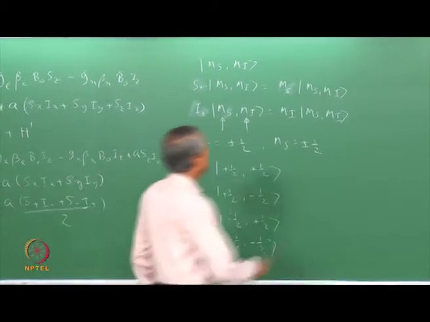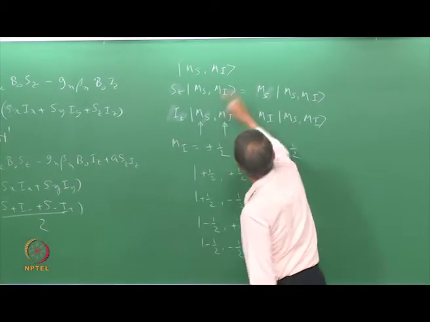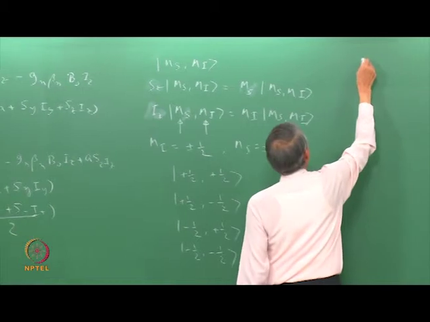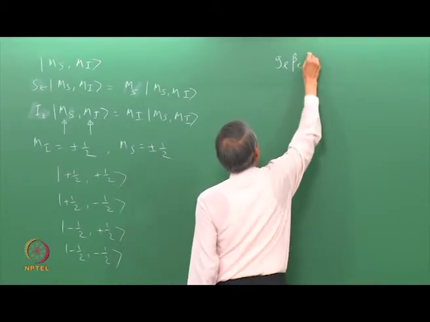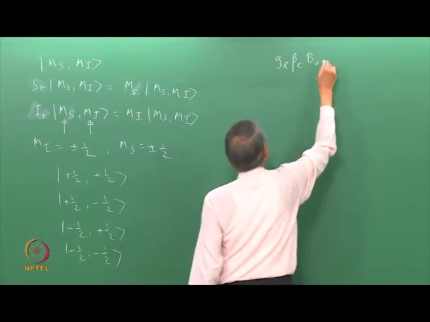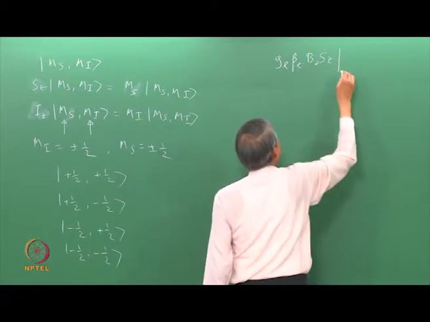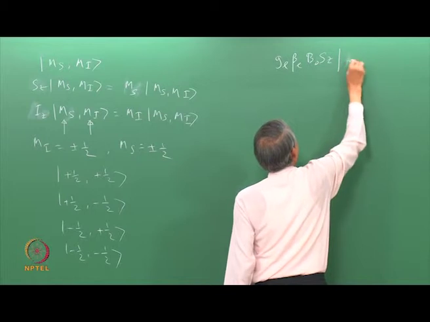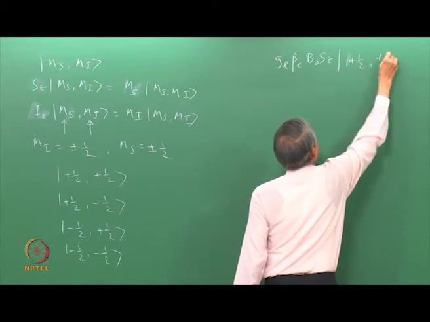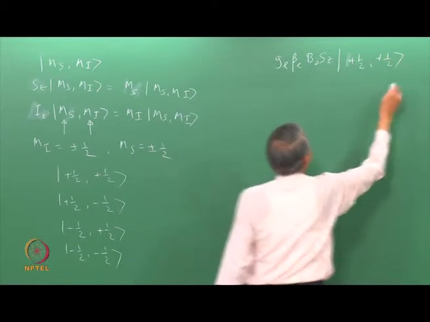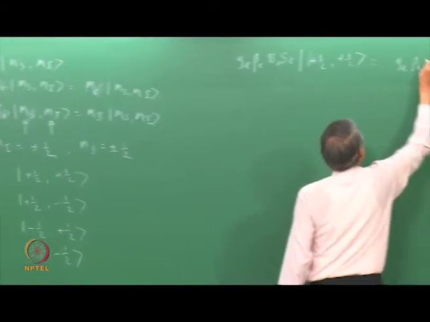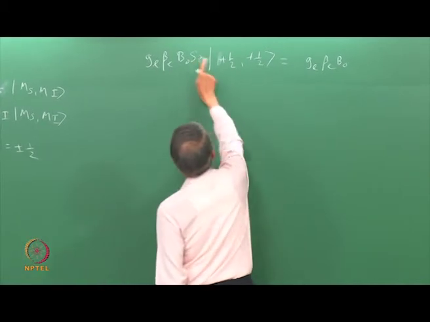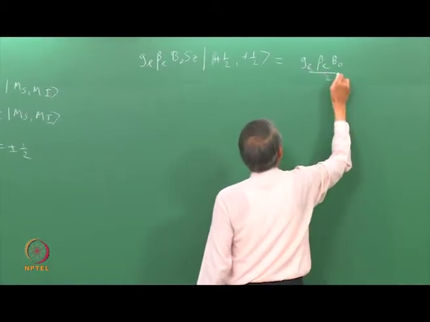How do they look like? Using this formula, it is very easy to find out that, let us say, ge beta B0 Sz operating on plus half will give this, operating on this will give plus half divided by 2.